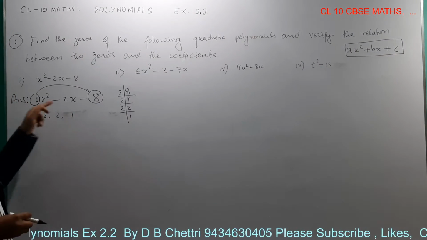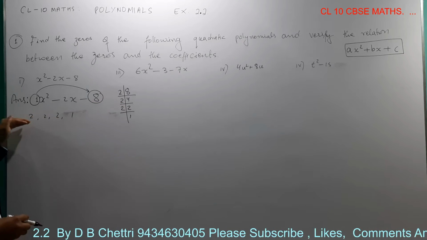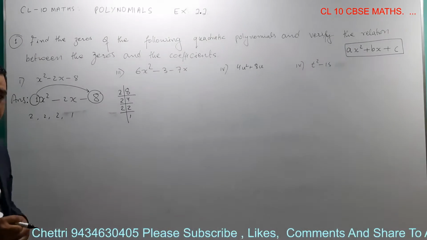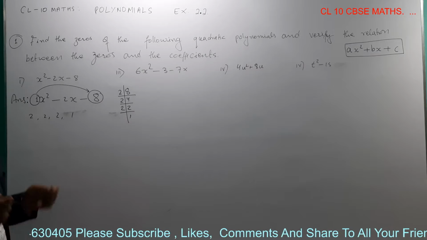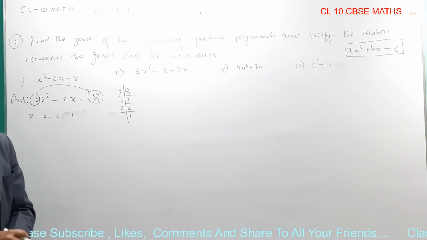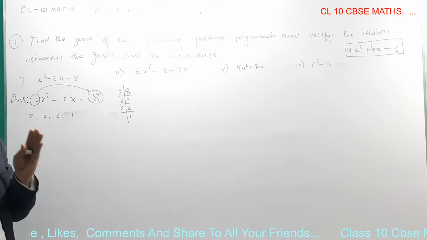After getting the product, get the prime factors of the product and write them down. Many prime factors may be there. In this case they are simple, but in other cases you may get a large number of prime factors. Out of these prime factors, make two groups.